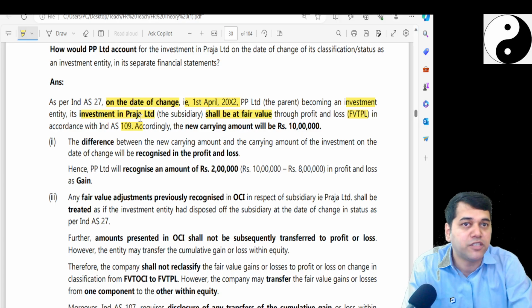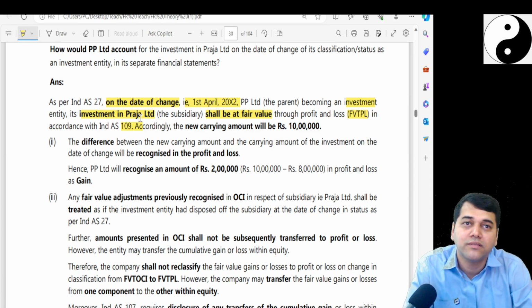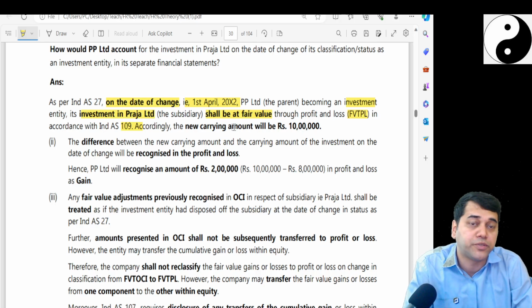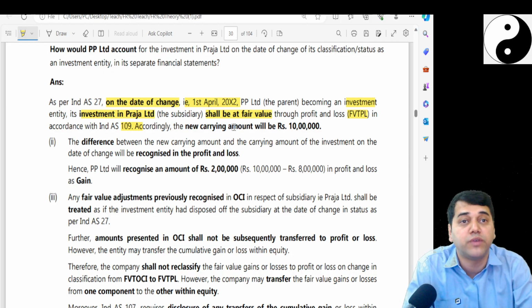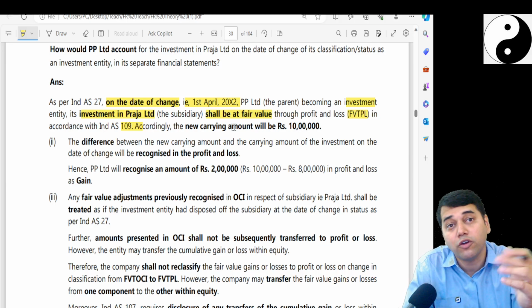If you are not an investment entity, you have got two options in separate statements. But if you are an investment entity, you will never prepare CFS. Then it will become standalone. In the standalone also there is an option, but that option will be overridden by Ind AS 27, no? Because you are given exemptions there. Otherwise, in reality, it is your subsidiary, but you are not opting for that.